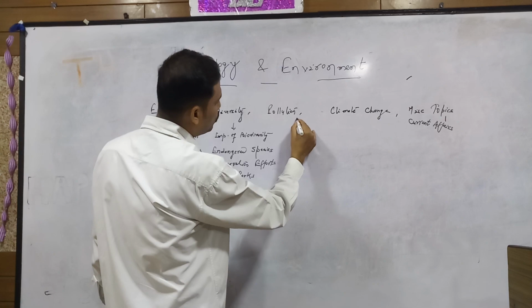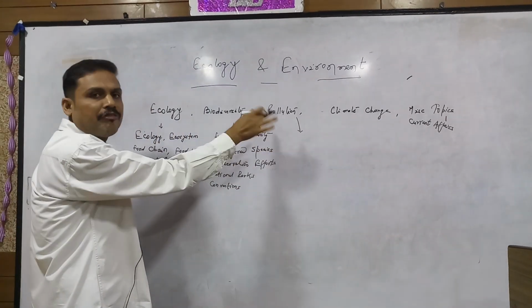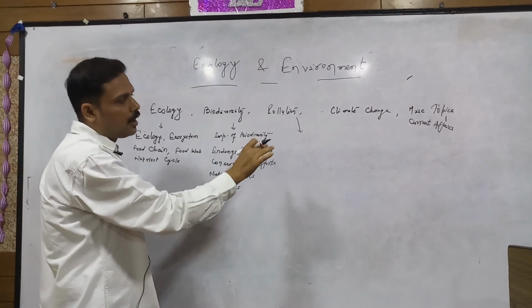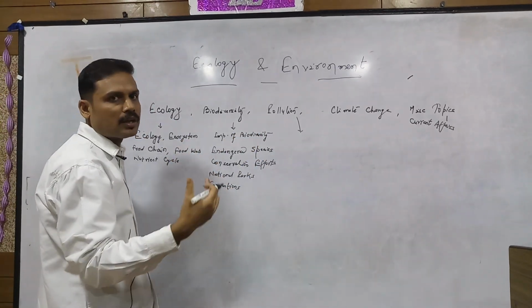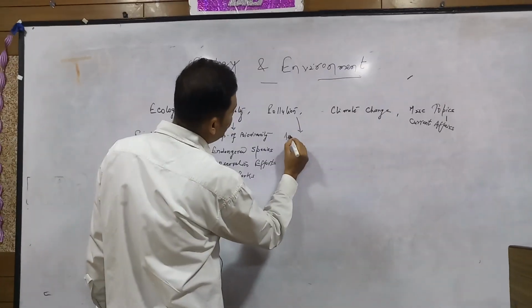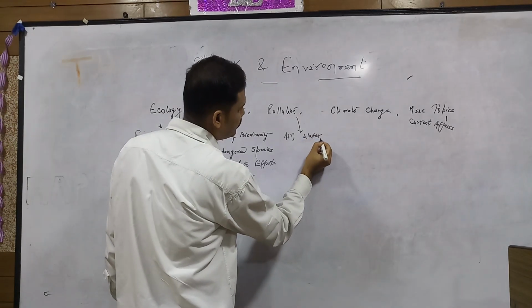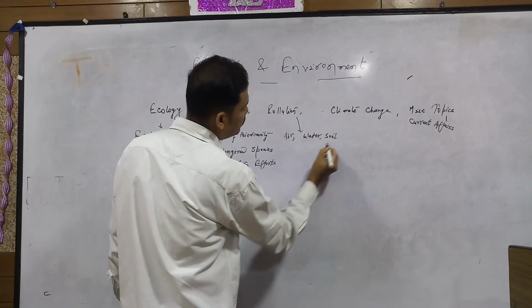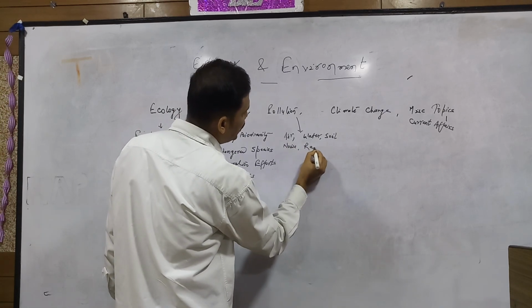Next we'll move on to pollution. It will cover various kinds of pollution, their prevention and the policies and laws associated with them. It will cover air pollution, water pollution, soil pollution, noise pollution and radiation pollution.